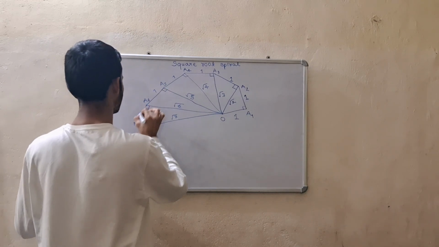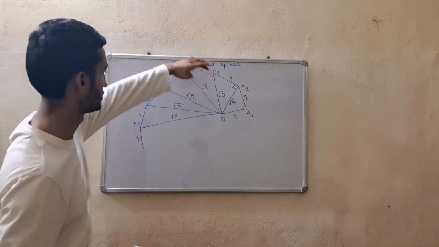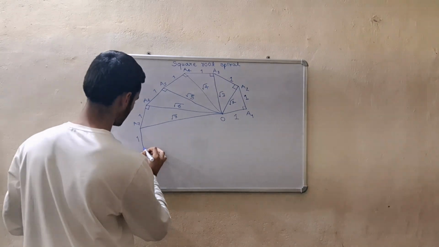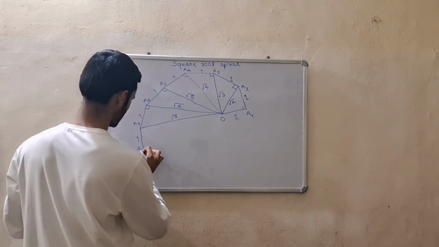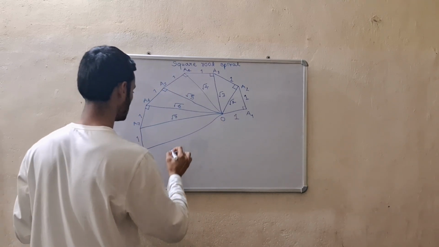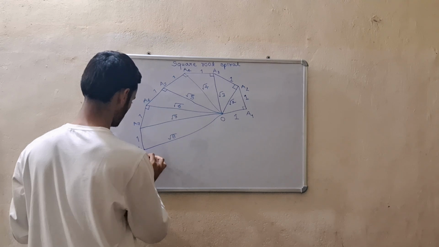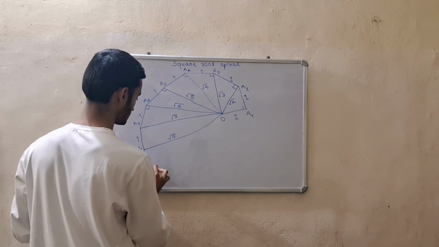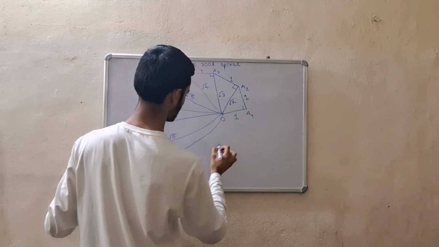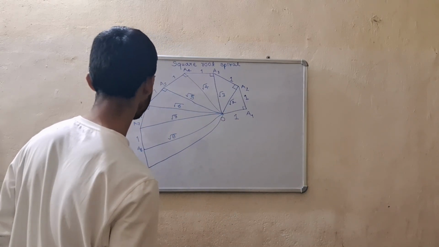So these all are of unit length. All the bases, all these upper line segments are of unit length. And call it A8, join it with O, and you get the square root of 8. It kind of went like a curve.